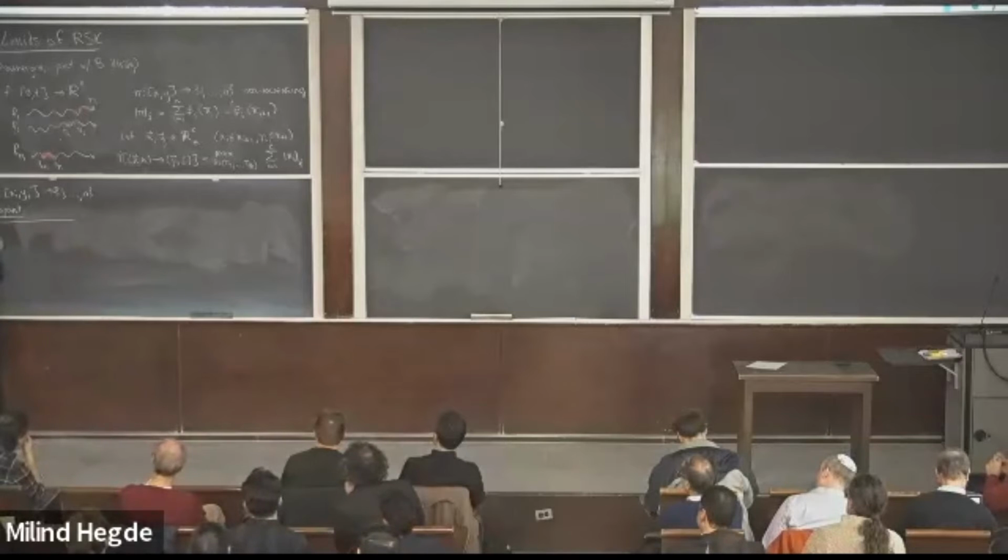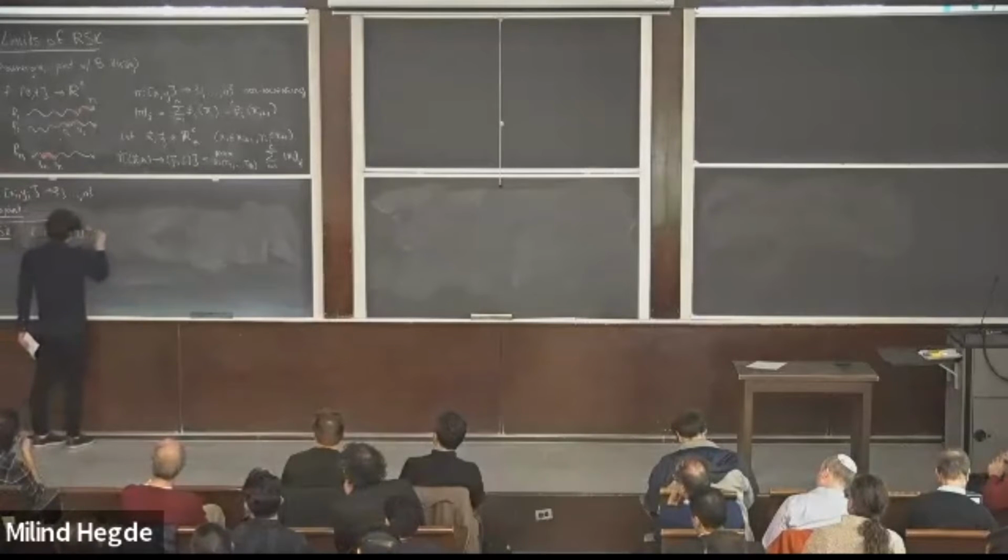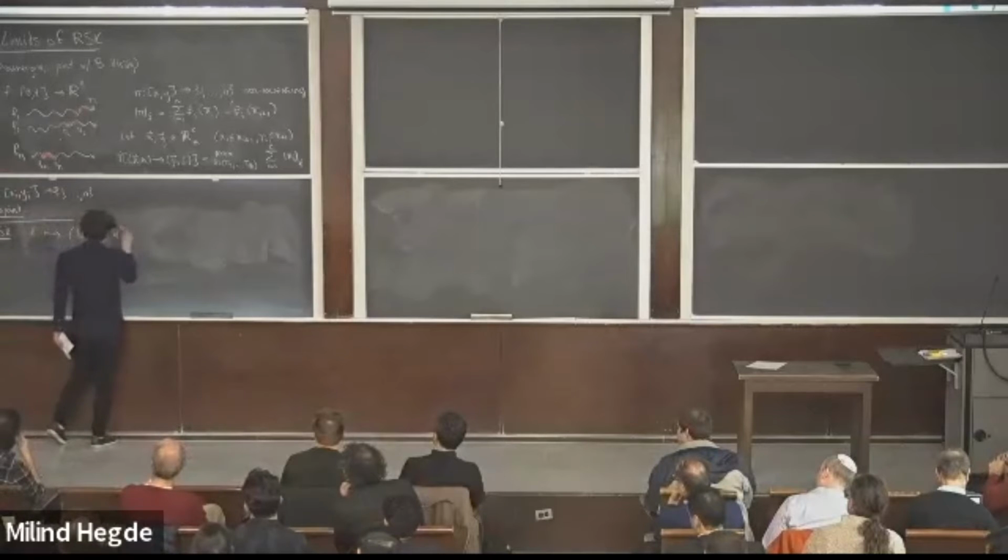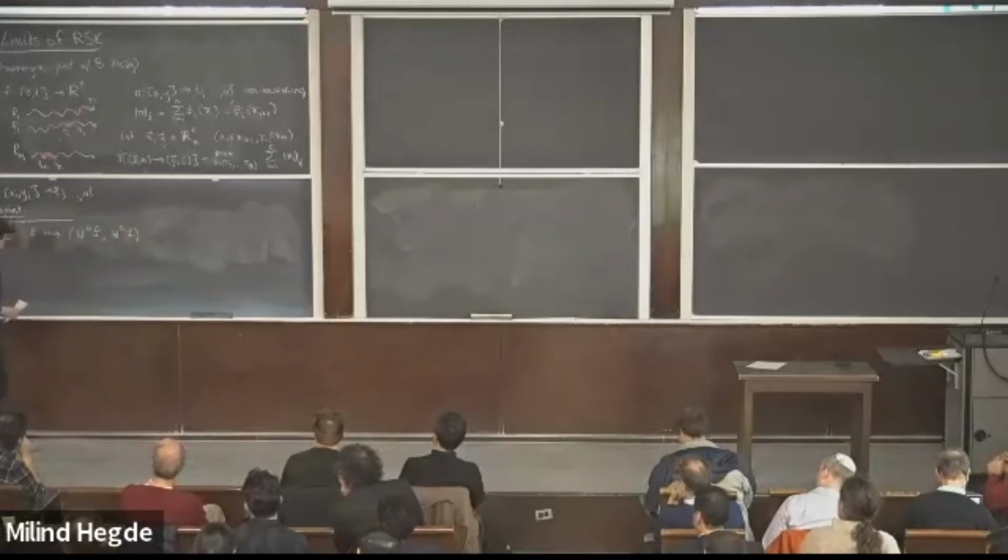So this is RSK. It takes one of these functions f and maps it to a pair, which I'm going to call WUF, WRF. And these are defined in the following way.